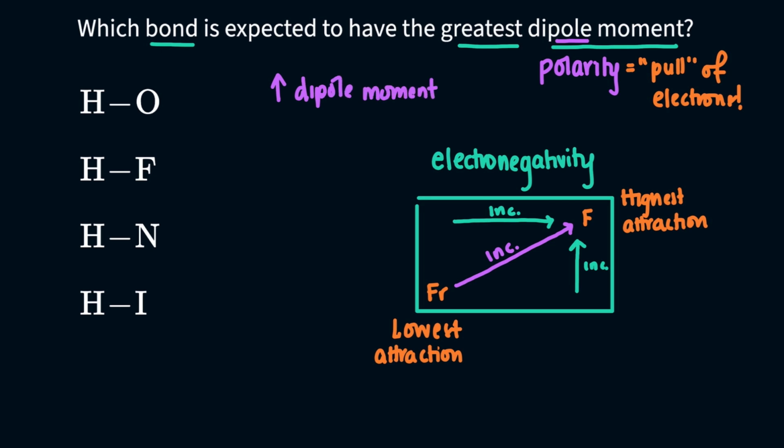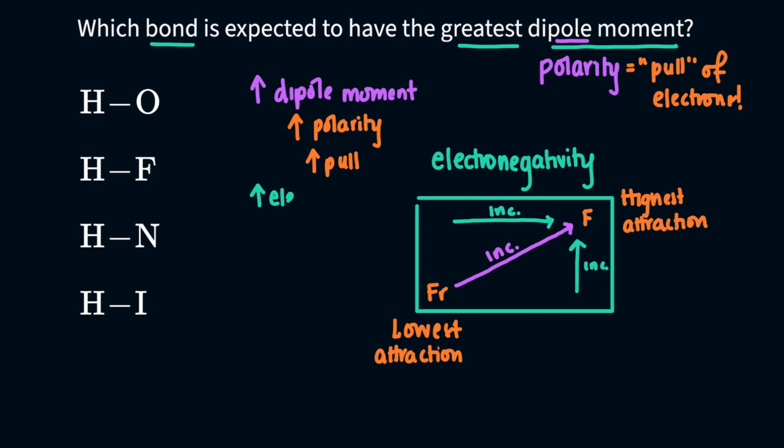This means that there's going to be a great attraction towards those electrons. So the higher the dipole moment, just know that all these go together. The higher the dipole moment, aka the higher the polarity. The higher the pull, if you want to think of it that way. And if we were talking about it in terms of electronegativity, that means that between the bond, you would have to have the highest electronegativity difference.